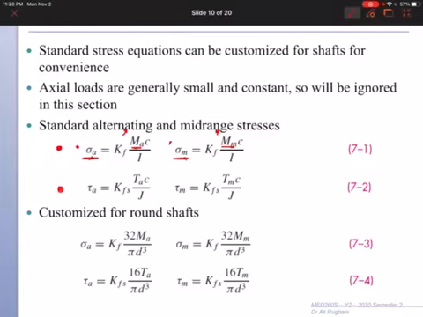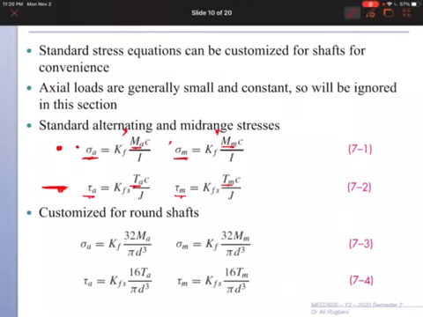Same with shear. In shear, if your torque is fluctuating between maximum value and minimum value, calculate alternating torque and mid-range torque. Next step, calculate alternating shear and mid-range shear.